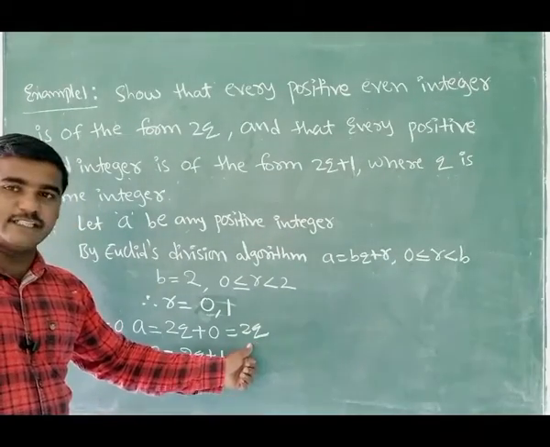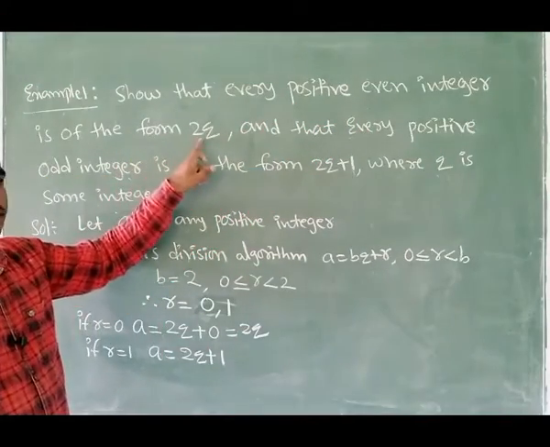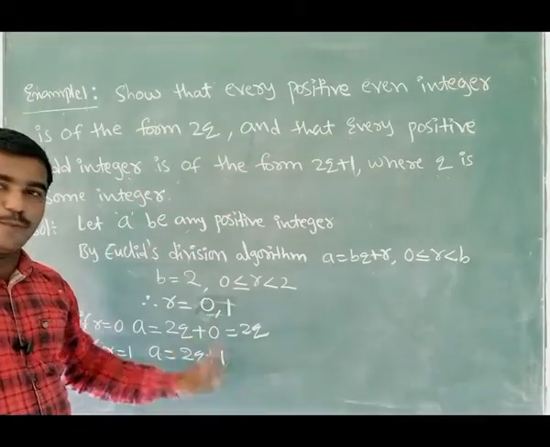So even integer is in the form of 2q. So the question: even integer is in the form of 2q and odd number is in the form of 2q plus 1.